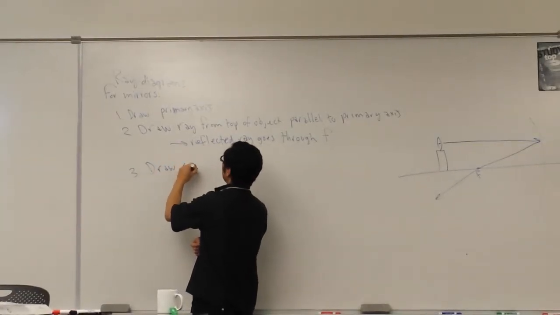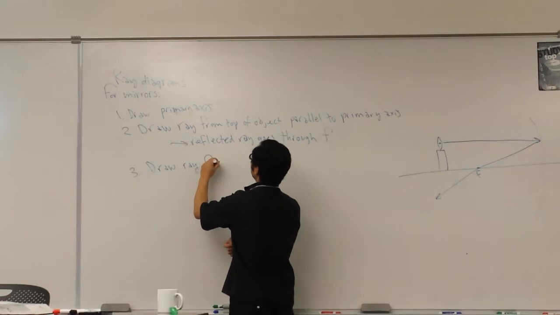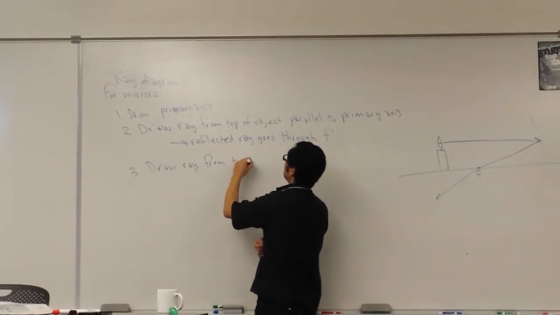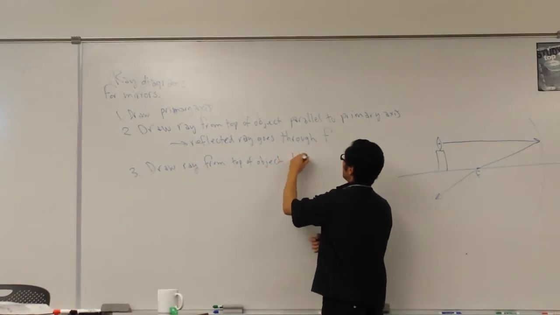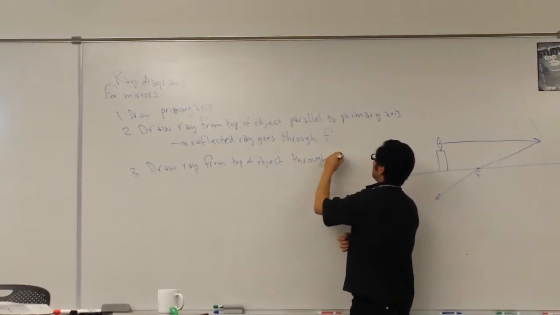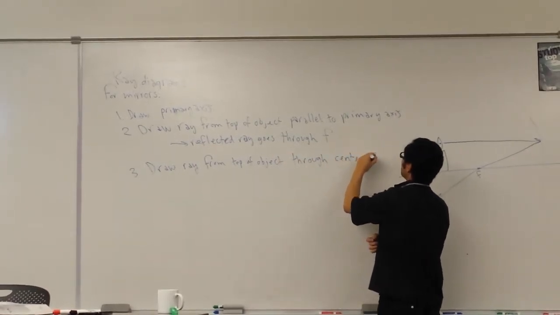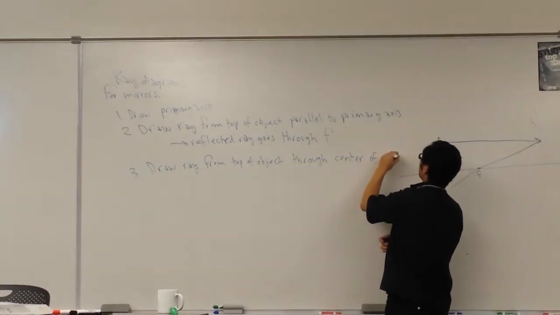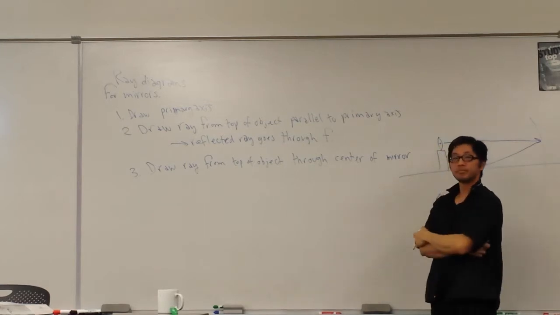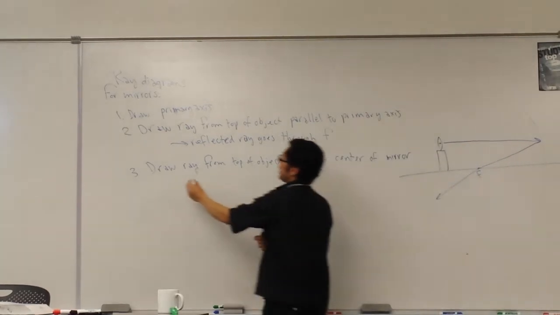Draw a ray from the top of the object through the center of the mirror, here. And then what happens?